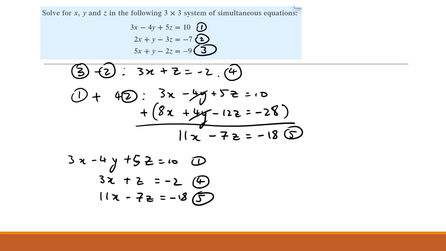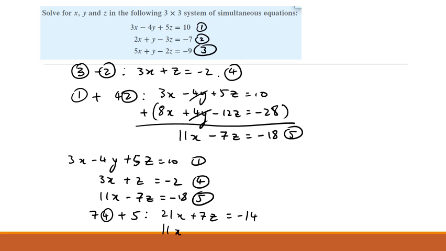Now again, you can pick whichever variable. You might even notice that the z can be eliminated. So let's just eliminate the z. If we do 7 times the fourth equation plus the fifth one, that will eliminate it. So 7 times the fourth equation gives us 21x plus 7z equals -14.